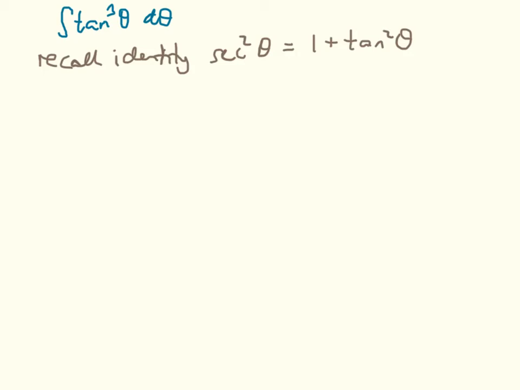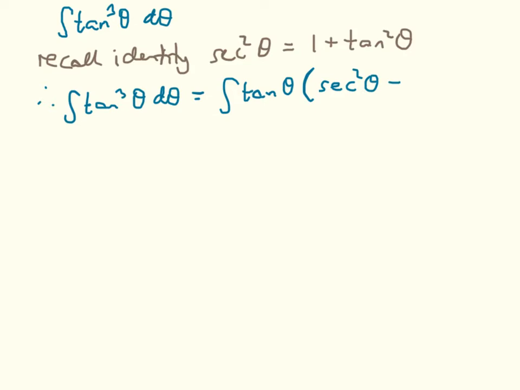So in particular what I'm going to do is to break this up, the tangent cubed, as tangent times tangent squared, so that I can use this identity. So the integral of tangent cubed of theta with respect to theta is the integral of tangent of theta times tangent squared, but tangent squared I can write as sec squared theta minus 1, integrated with respect to theta.